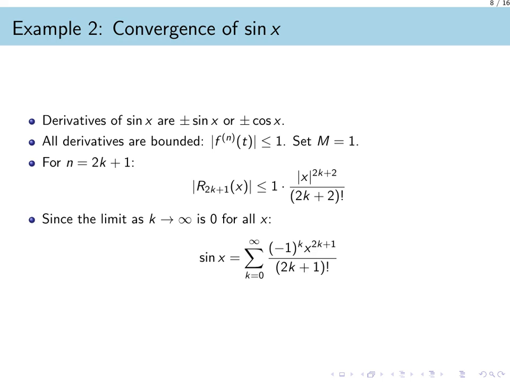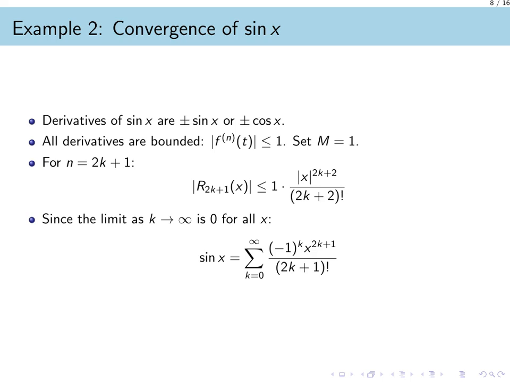Now we apply the theorem. For the sine series, which contains only odd-powered terms, we look at the remainder r sub 2k plus 1. The theorem tells us that the absolute value of this remainder is less than or equal to m, which is 1, times the absolute value of x raised to the power 2k plus 2, all divided by the quantity 2k plus 2 factorial.